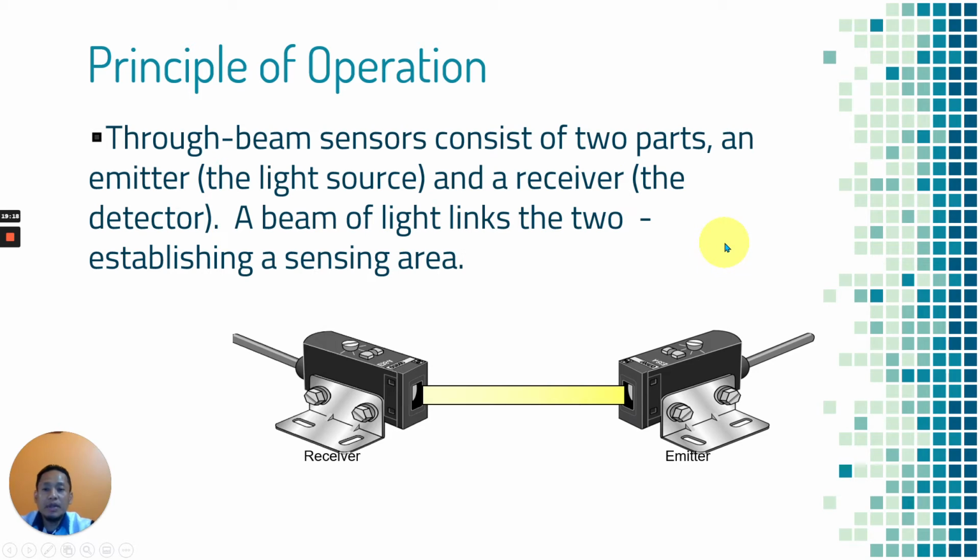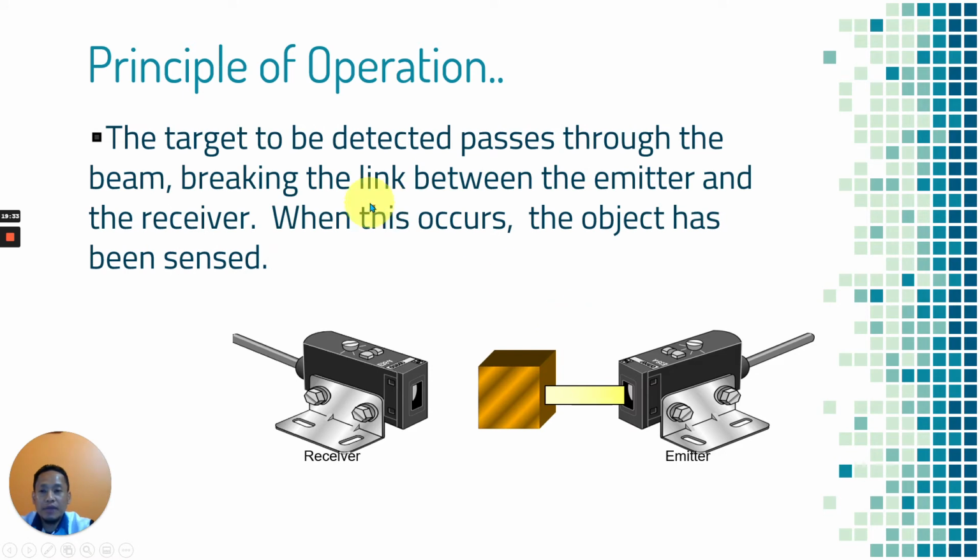The emitter is the light source to transmit the light, and the receiver is to detect the light. A beam of light links the two, establishing a sensing area. For example, when the target to be detected passes through the beam, it will break the link between the emitter and receiver. When this occurs, the object has been sensed.